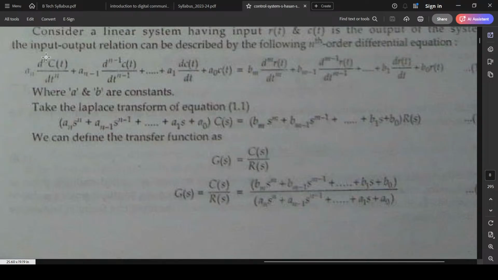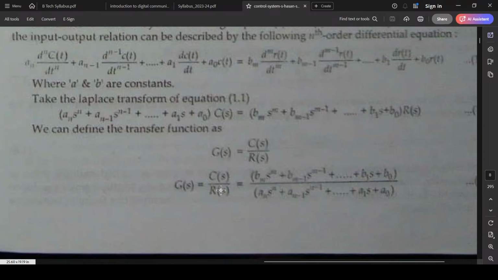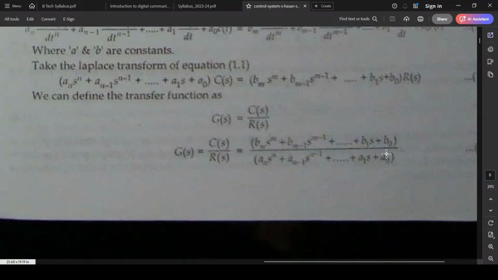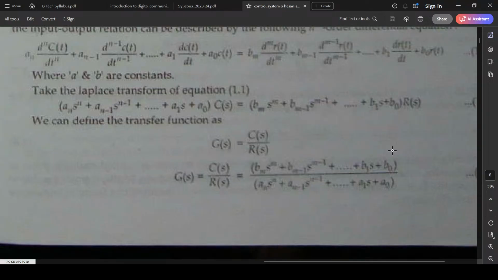Now c(t), the time domain, becomes the frequency domain, C(s). So C(s) is common here, R(s) is common here. We can define the transfer function as G(s) equals C(s) upon R(s), which equals the B term upon the A term. So that was it.